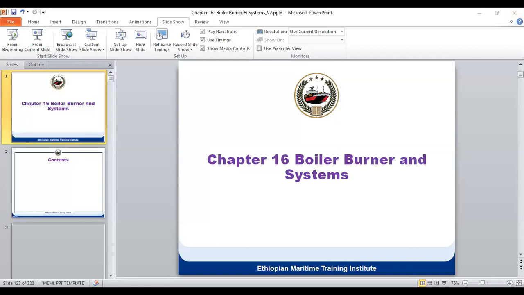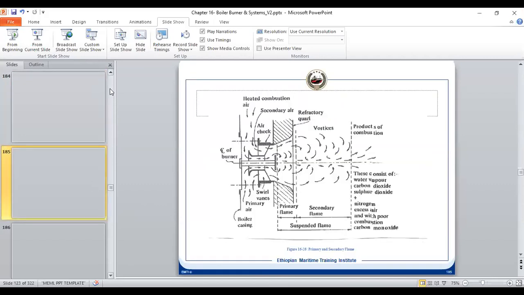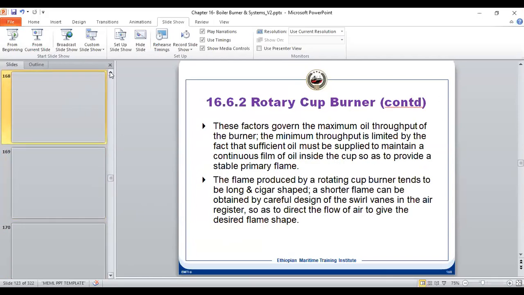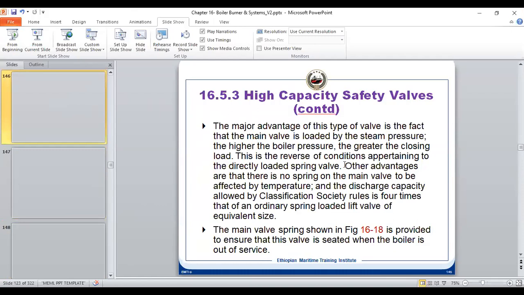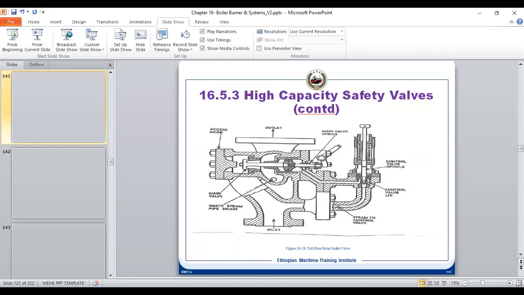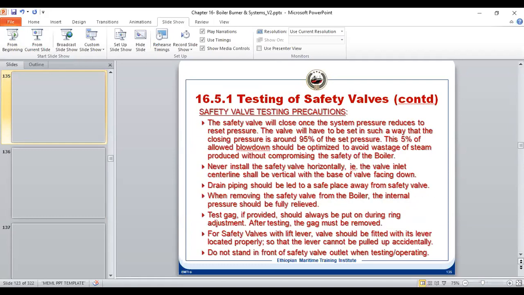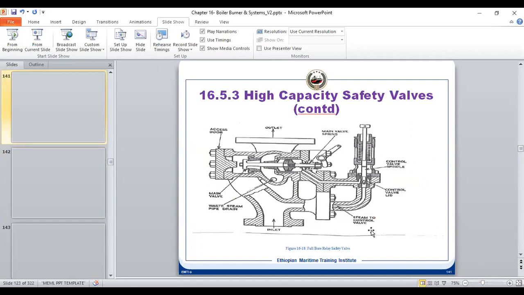Let me find a diagram. It will be easier to explain on a diagram.